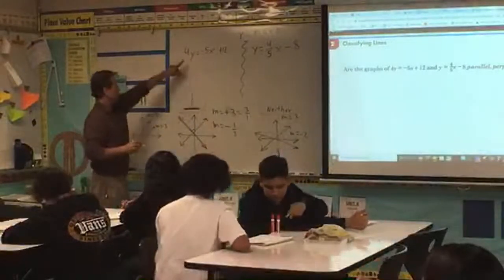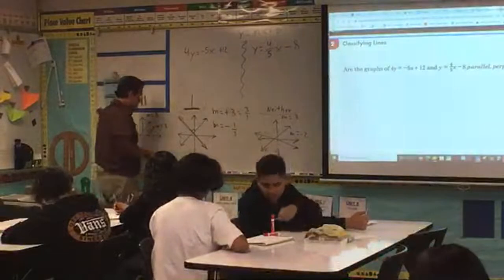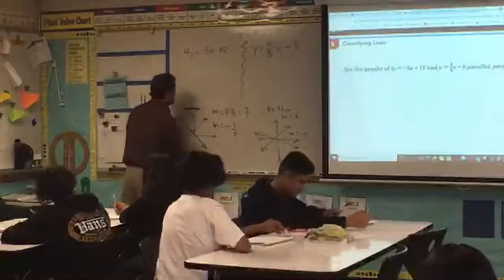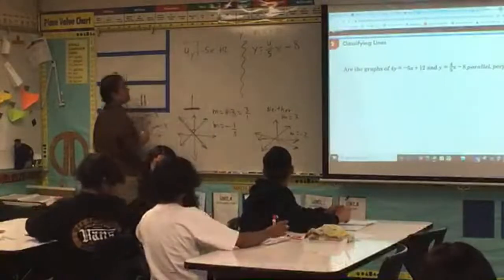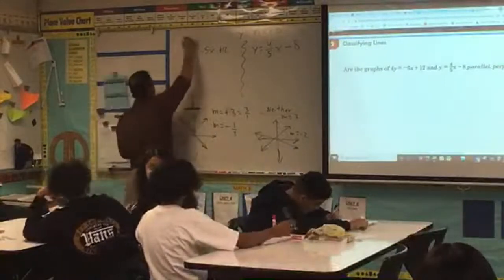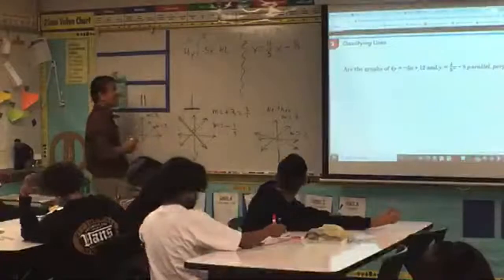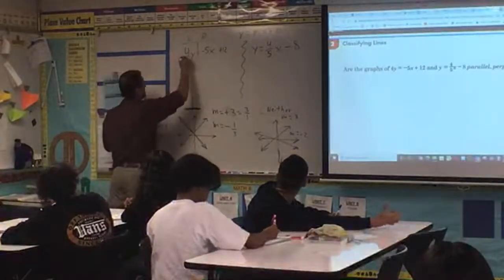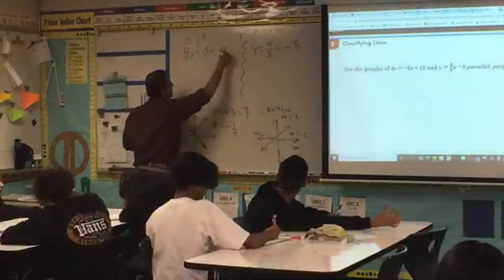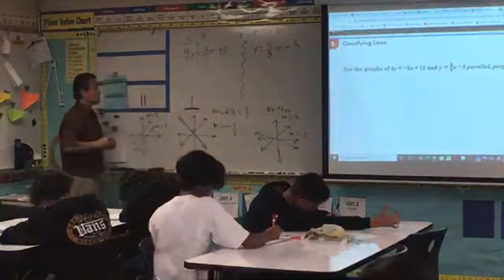Okay, so we have to change this. How do I change this right here? What do we have to do? Make our left side y, good, that's a good start. Now what do I do? Divide by 4 to everything in the equation, that's right.